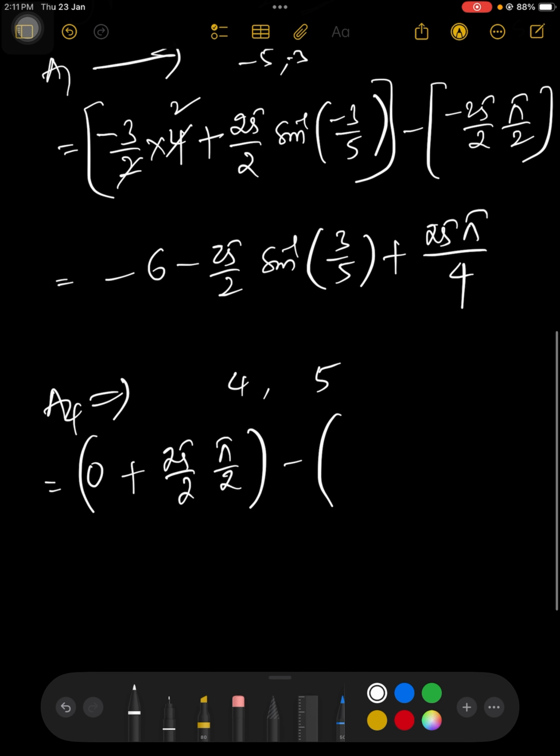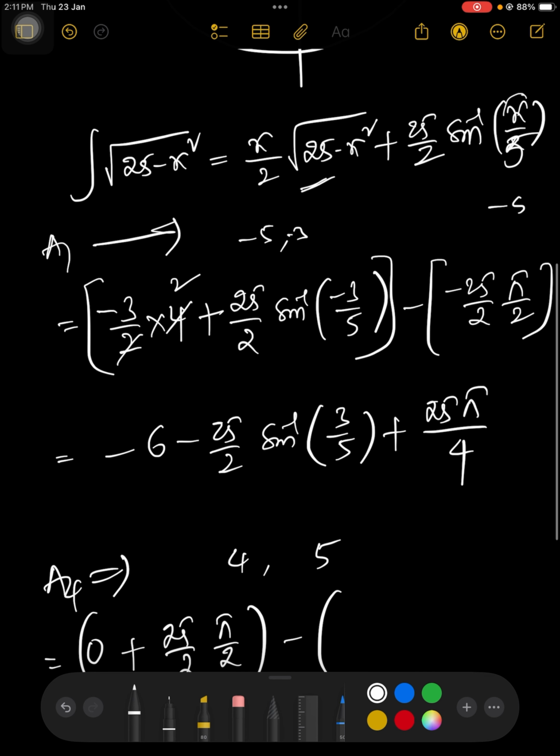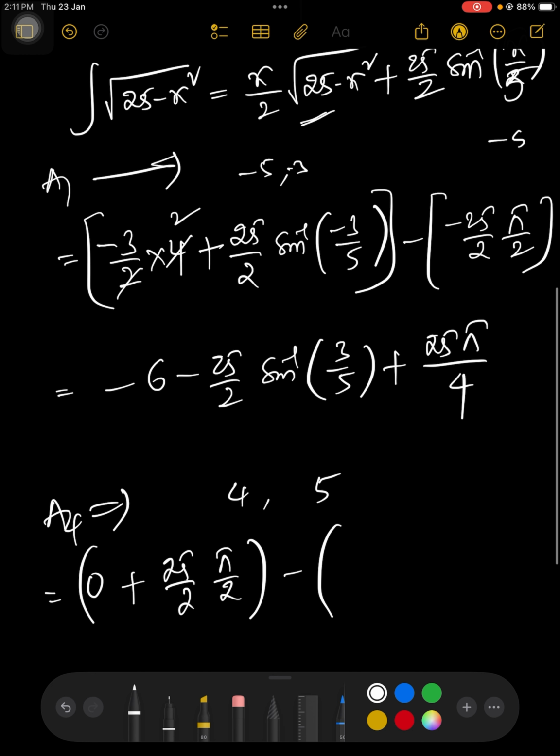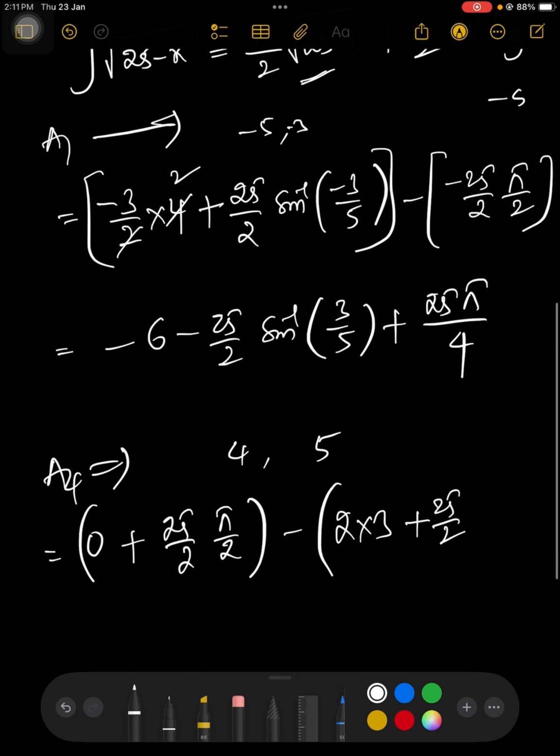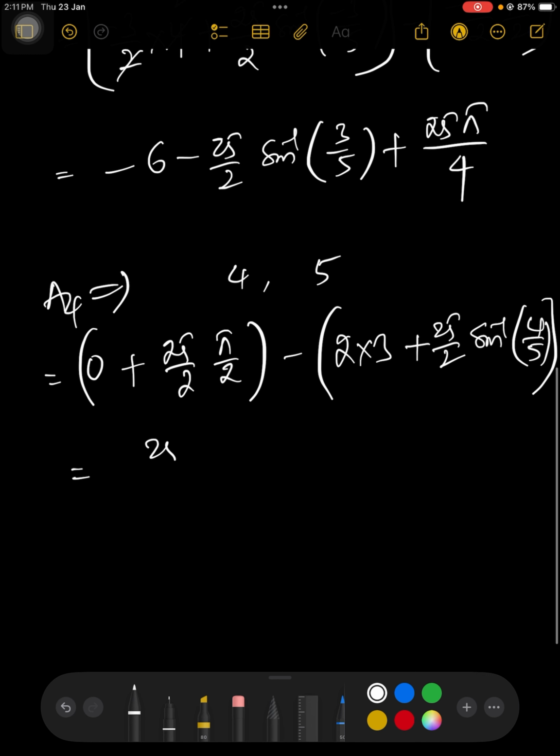And coming to the lower boundary, if you substitute, 4 by 2 is 2, 25 minus 16 is 9, root 9 is 3, so we get 6, and again plus 25 by 2 sine inverse of, sorry, sine inverse of 4 by 5. Right, this is 25 pi by 4 minus 6 minus 25 by 2 sine inverse of 4 by 5.